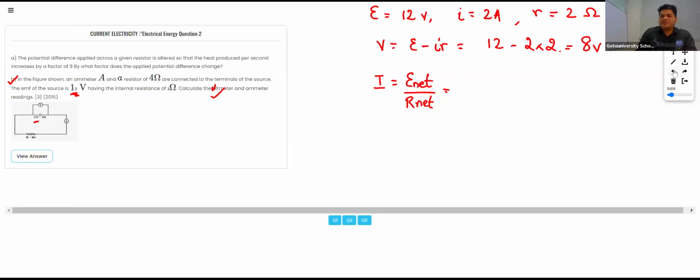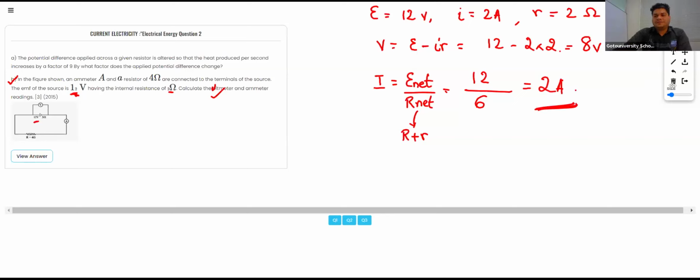Net resistance is the big resistance plus internal resistance, 4 plus 2, which will be 6. So current will be 12 over 6, equal to 2 ampere.